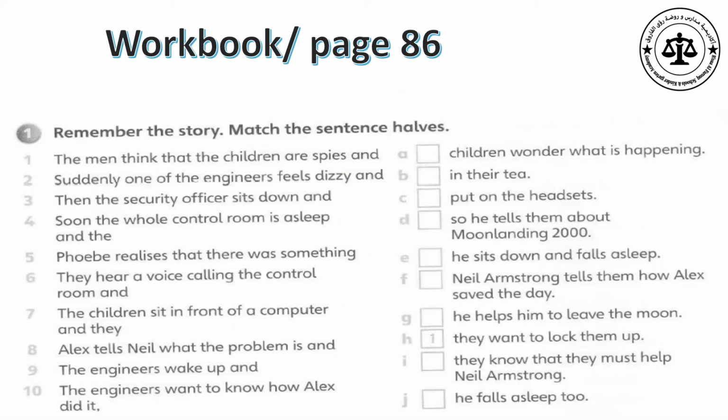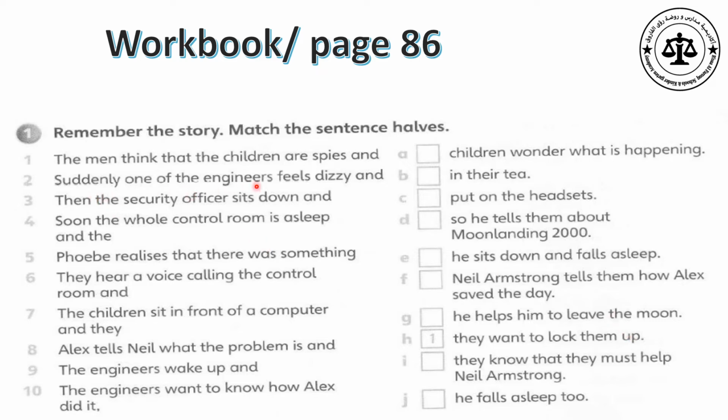Thank you. Now go to your workbook, page 86, exercise 1. Remember the story, match the sentence halves. Look at number 1. The men think that the children are spies and they want to lock them up. Number 2.